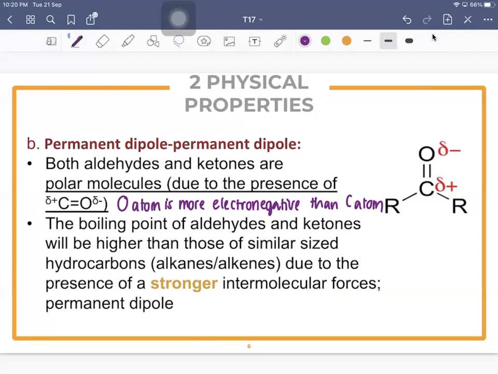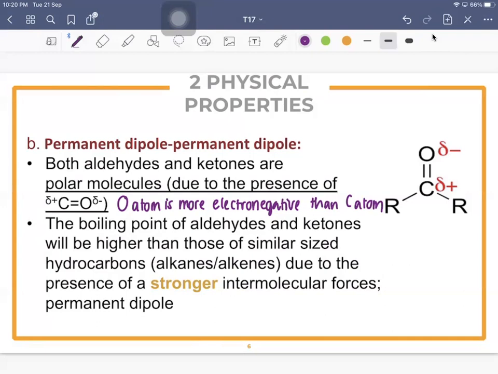Okay. So the boiling points of aldehydes and ketones will be higher than those of similar-sized hydrocarbons due to the presence of a stronger intermolecular force, which is permanent dipole.